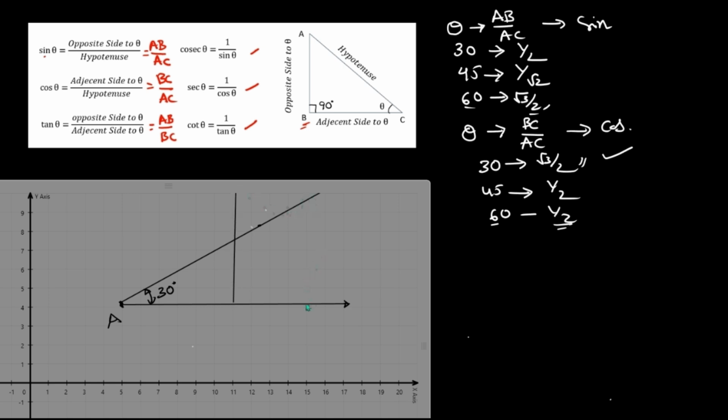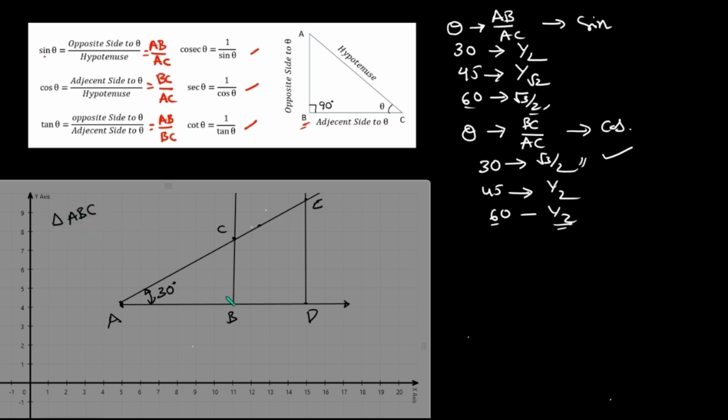Similarly, you can draw another anywhere. Now let's mark these points. This is point B, and this is point C, and this is point D, and this is point E. Now it has formed the right angle triangle ABC.